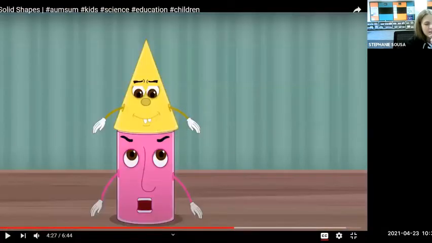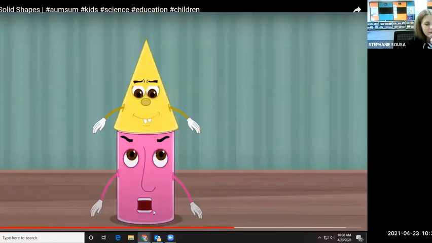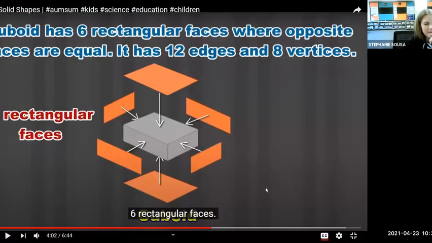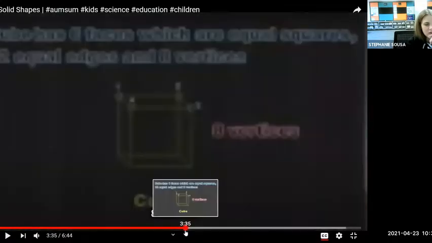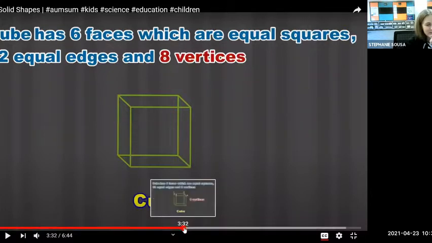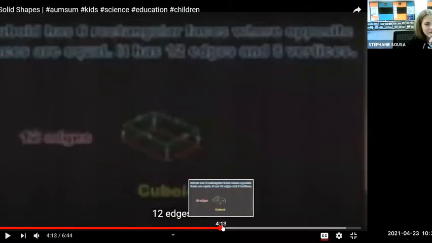Notice that the rectangular prism and the cube each had the same number of objects, but they still appeared very different. Our cuboid had rectangles and some squares. Our cube only had squares. Same numbers of points, vertices, but they still appeared differently, okay?